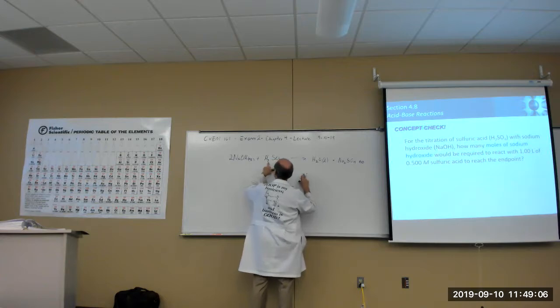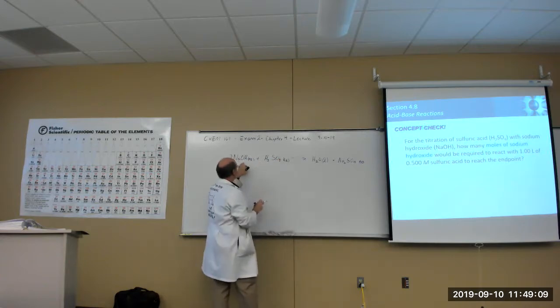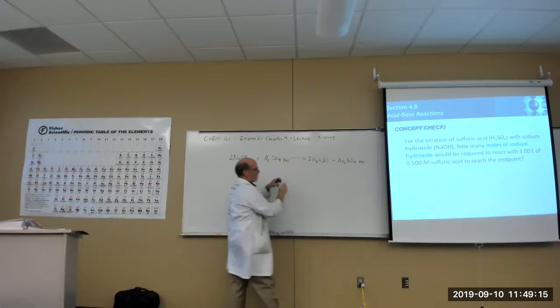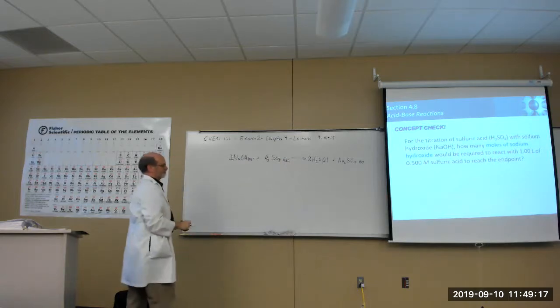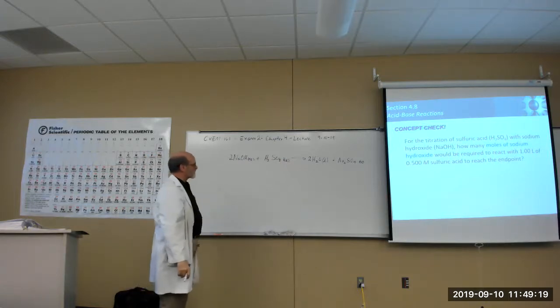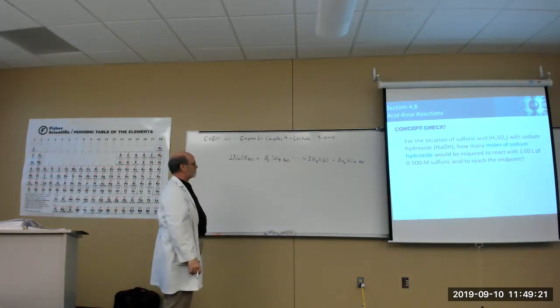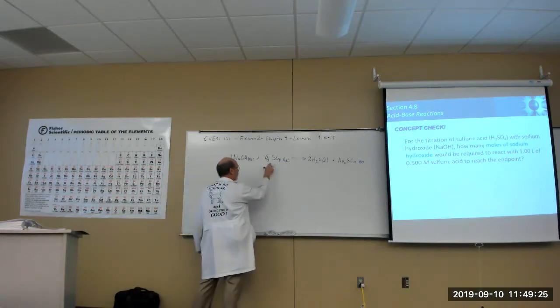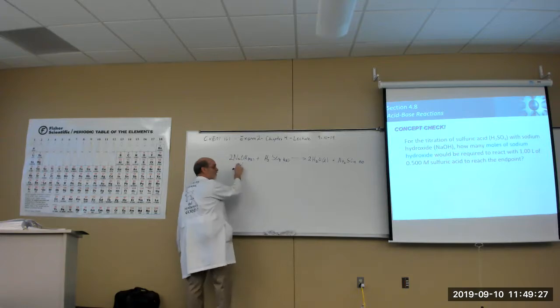And 2 more hydrogens means 4. So 4 hydrogens and 2 oxygens, we need 2 here. 4 hydrogens, 2 oxygens. Now we're balanced. So what does this tell us? Well, it tells us that for every 1 mole of that, it takes 2 moles of this.